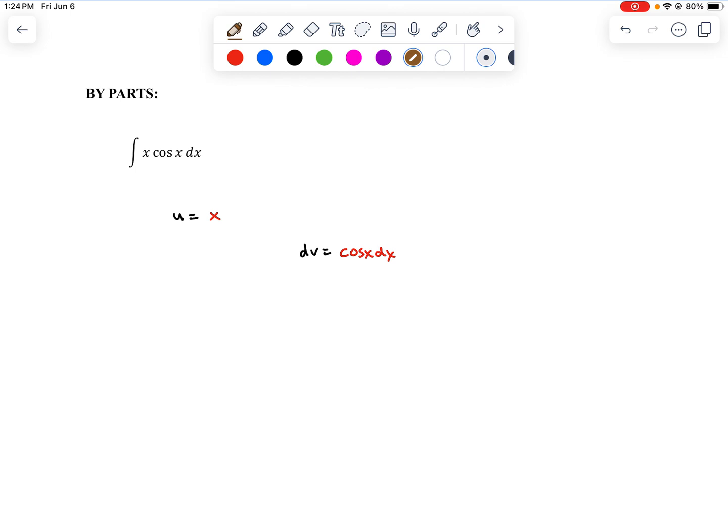One technique, or I should say one acronym that you could use to determine what u is, if you're assigning the u, would be LIPIT. LIPIT stands for logs, inverse, power, exponential, and then trig.